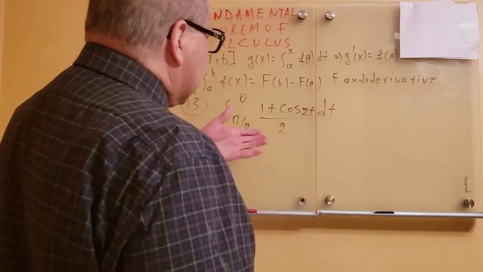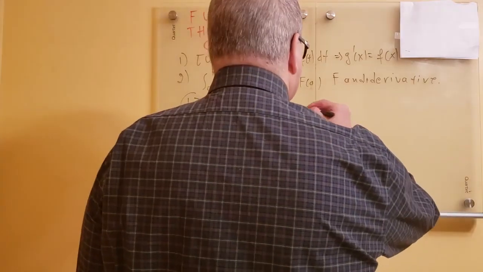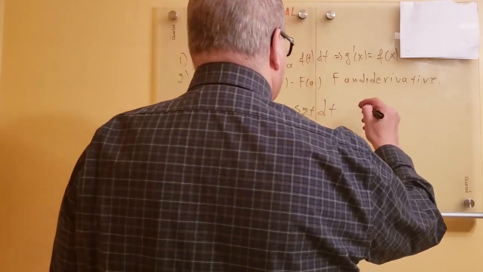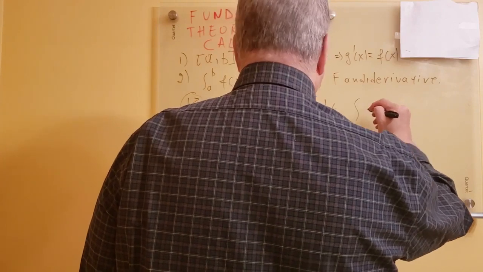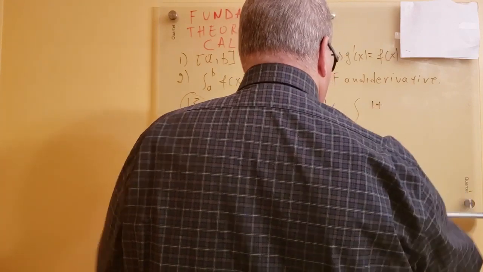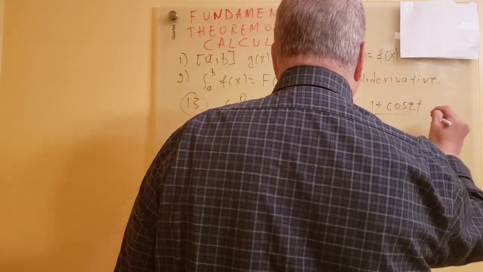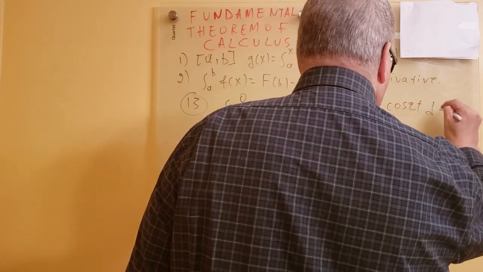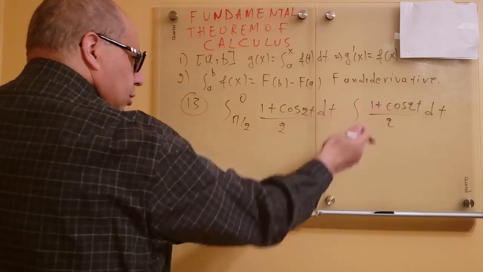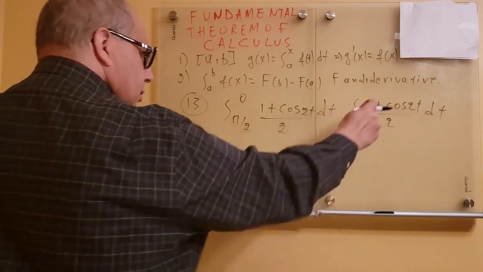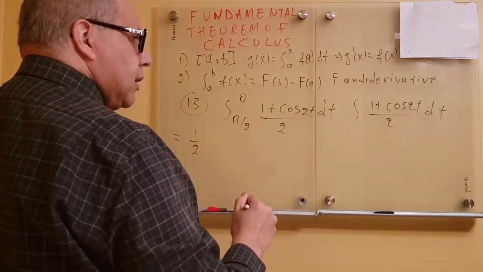I mean, again, the main task is to find the antiderivative of this. So let's find the antiderivative of this. So the antiderivative of 1 plus cos of 2t over 2 dt should be equal with, I mean, we can take the 1/2 outside because it's a constant from the rules of integration.